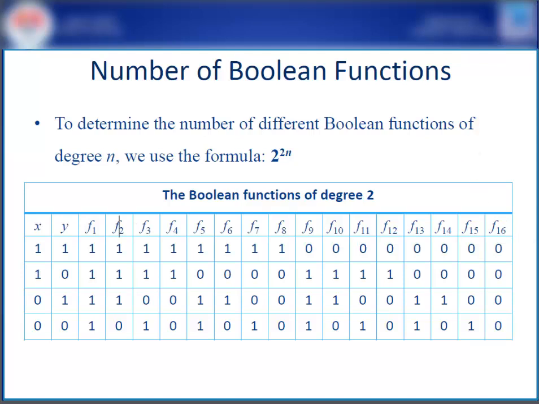So with this diversity of functions, even for 2 input bits, we need to define security criteria which would help us to choose the secure ones while implementing an encryption algorithm. In the second video of this lesson, we are going to consider the security properties of Boolean functions.